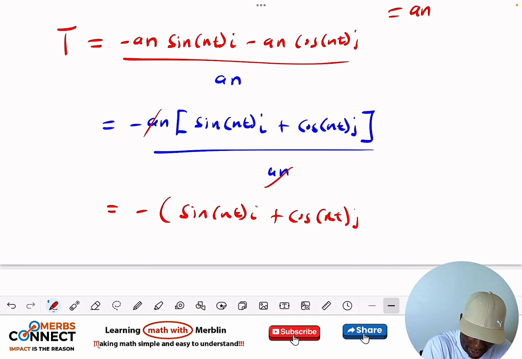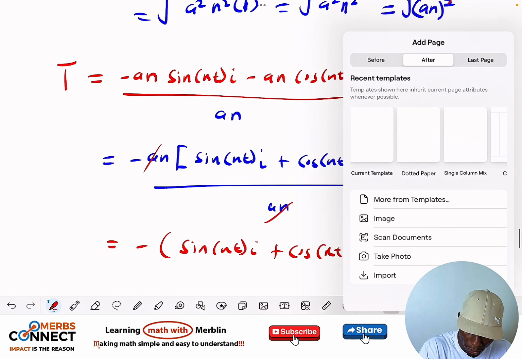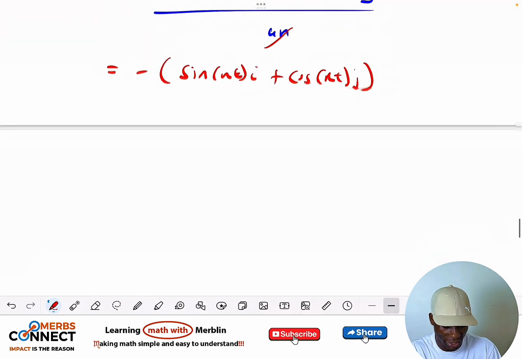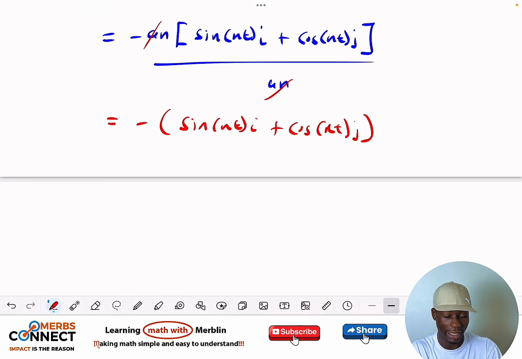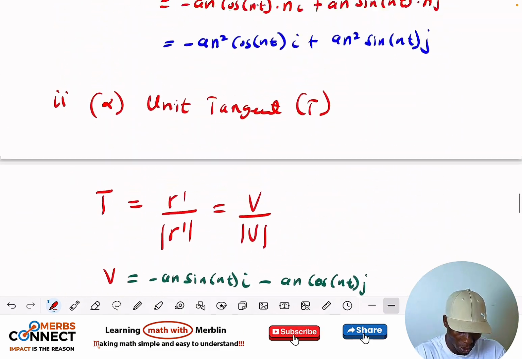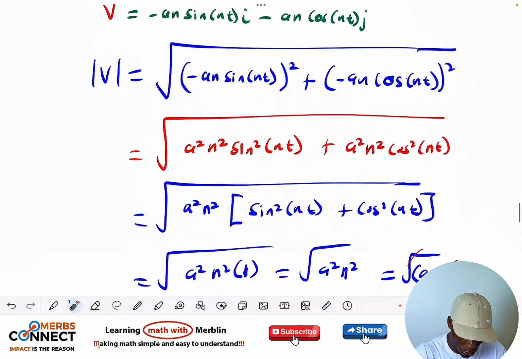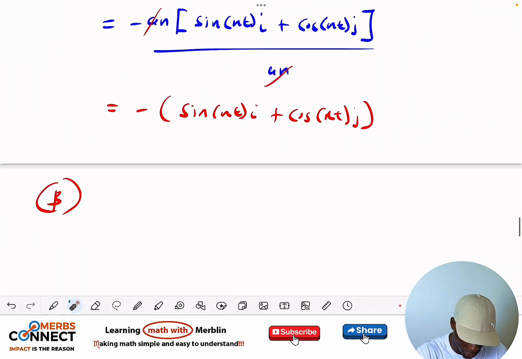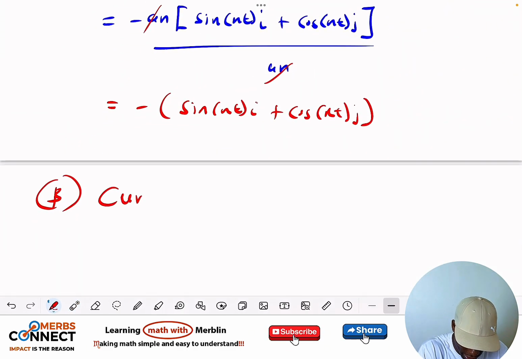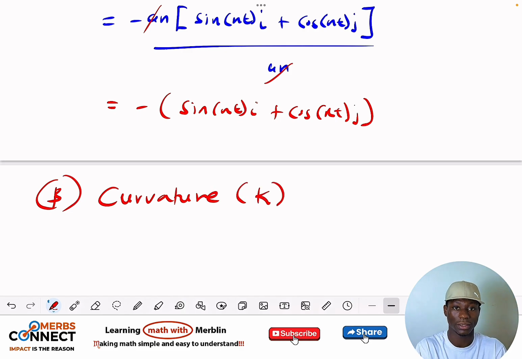Now here you need to pay attention, because if you make a mistake here, it's going to affect the next question, right? Because the next question also depends on the unit tangent. The next part is curvature, and curvature goes with the unit tangent. So if I make a mistake in my first function, I'm going to get this one wrong.